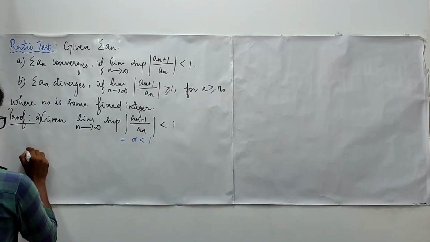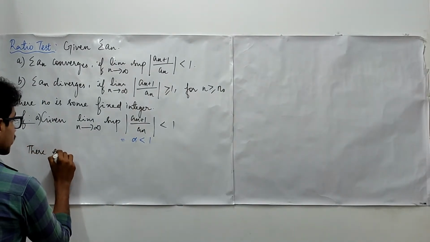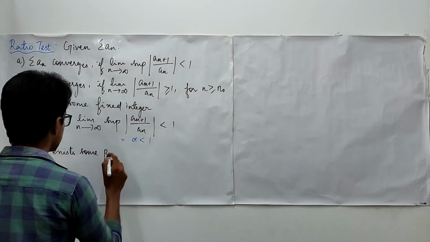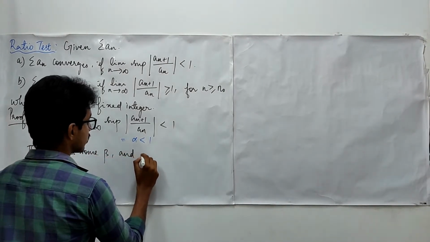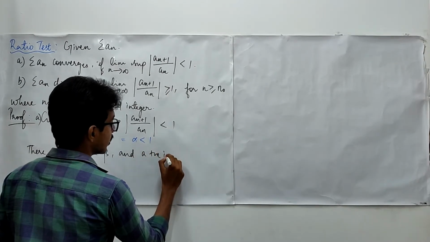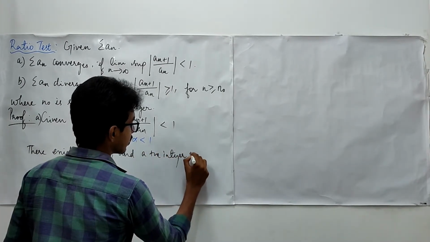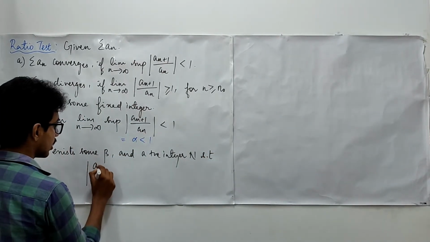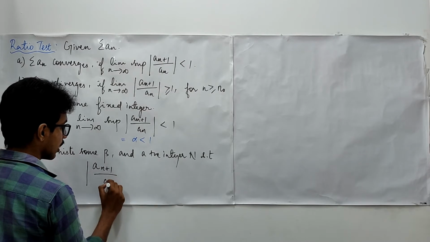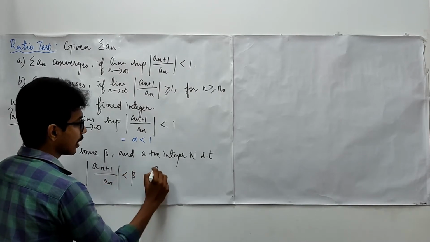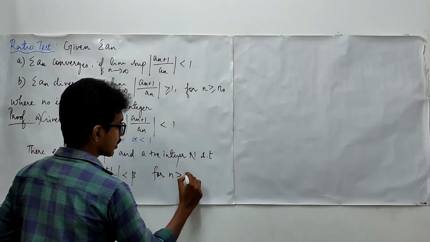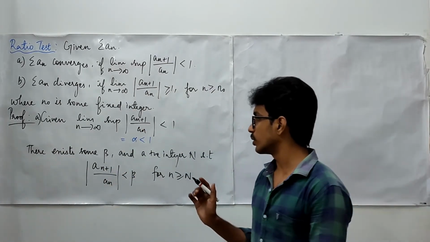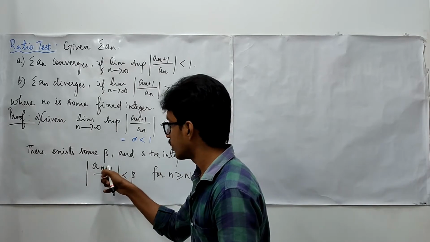Okay, there exists some beta and a positive integer N such that the absolute value of an plus 1 upon an is smaller than beta for n bigger than or equal to N. Now let us start substituting the values of n.